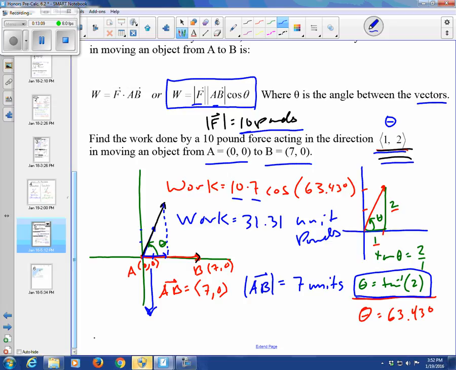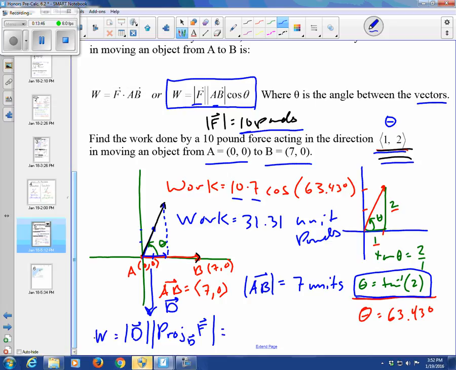So what we can say is that really, that's the projection of our force vector onto our distance vector. Let's say AB is some distance vector, d. And really what we're seeing here is basically the projection of force onto distance. It's that magnitude, the force we're applying in that direction, times the magnitude of the distance. And this basically is the same work problem we saw from before.